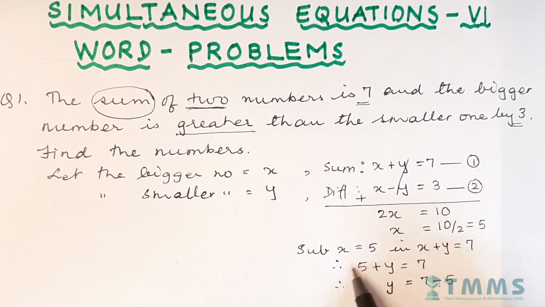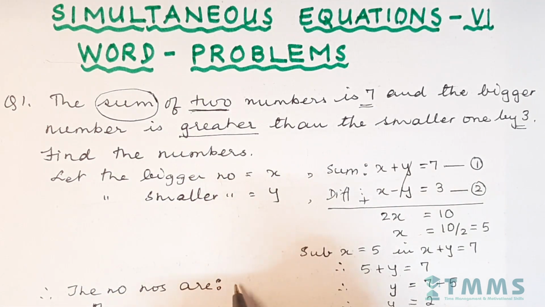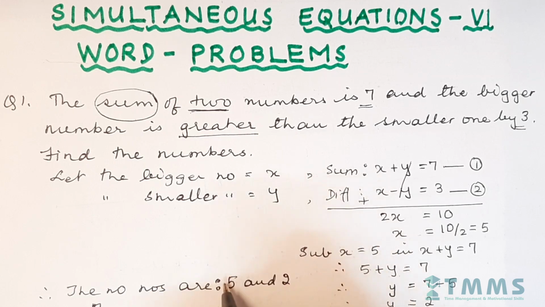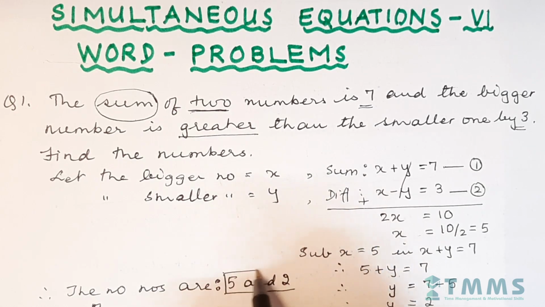Then this 5 and that 5 will get cancelled, leaving only y, and here we will have 7 minus 5, so y will be equal to 2. And therefore we will say the two numbers are 5 and 2. And that is our answer.